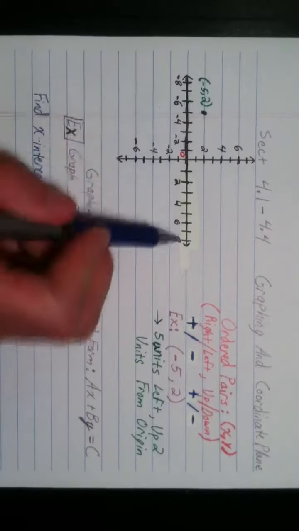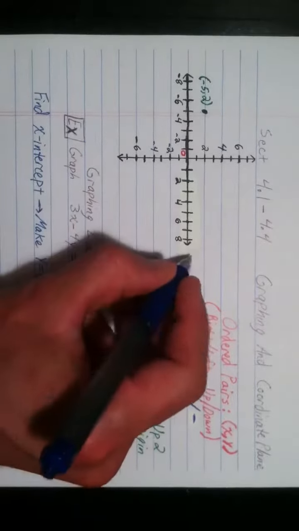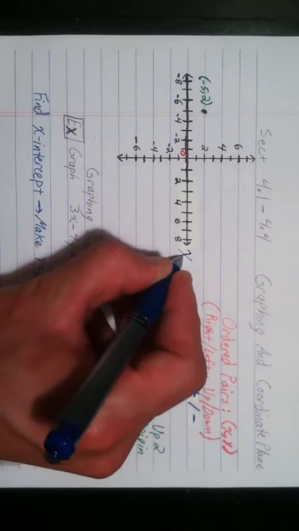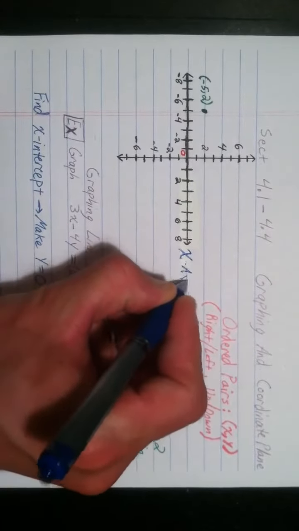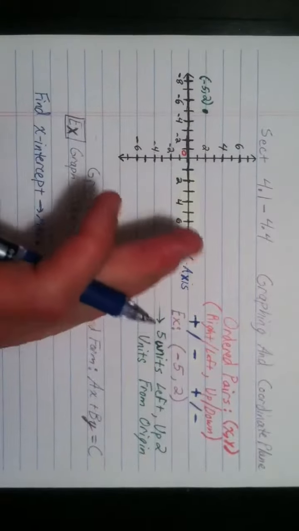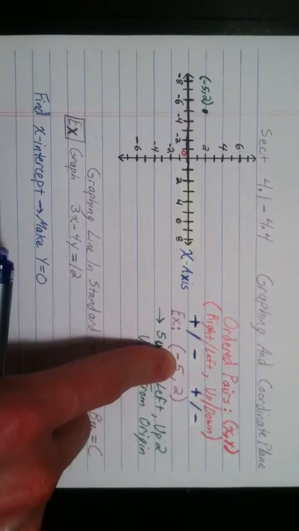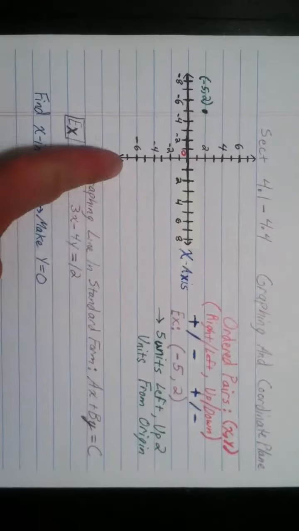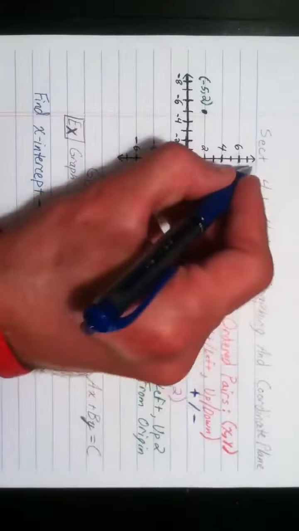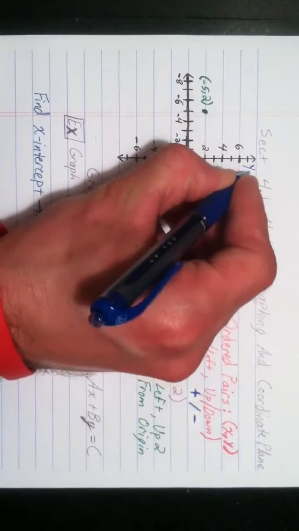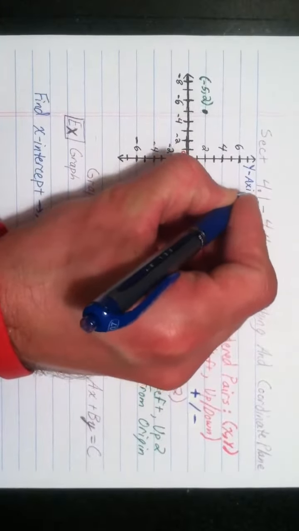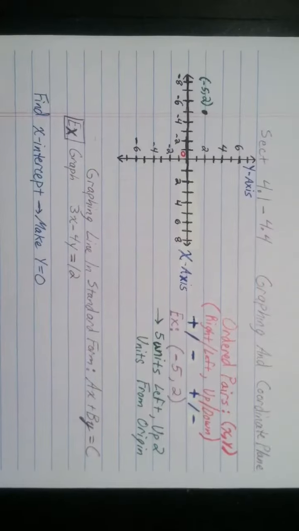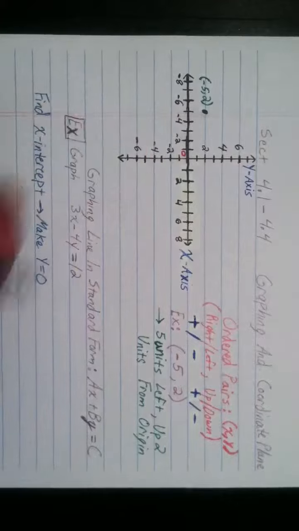The horizontal line, we call that the x-axis, again, because left or right movement determines what our x-coordinate is. Up or down movement determines what our y-coordinate is, and we call that then our y-axis. Okay? So horizontal line is our x-axis, vertical line is our y-axis.